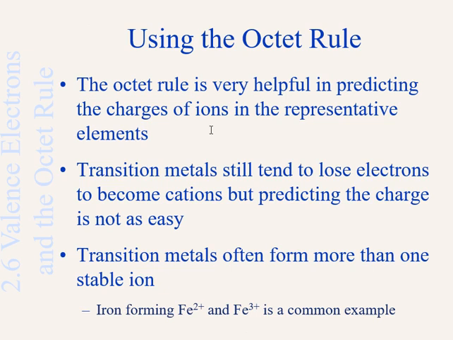What about transition metals, the ones in the middle, the large band starting with 3B? Well, they also are metals, and because they are metals they tend to lose electrons to become cations, but predicting the charge is not easy, as stated here, because they can form more than one kind of stable ion. They can lose more than one specific number of electrons.